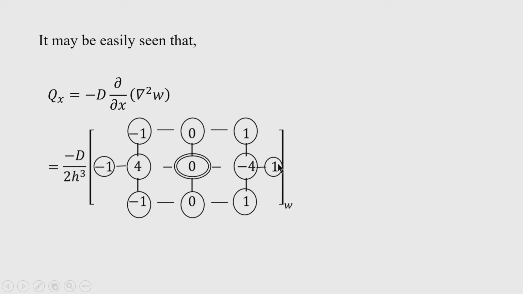Towards the right it is minus 4, but towards the left in the corresponding location it is plus 4. Similarly, in the others also minus 1 and plus 1. In the vertical direction also you can note this, and in the central location in the vertical direction this is 0.